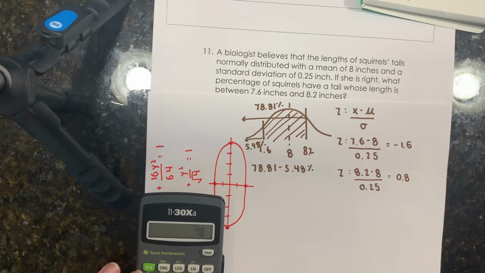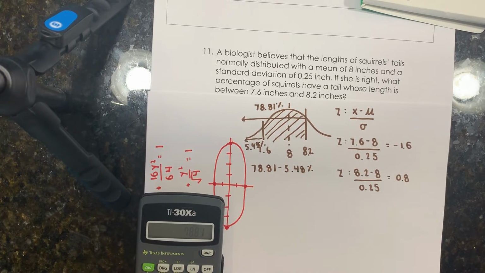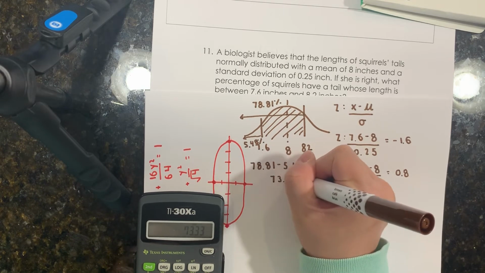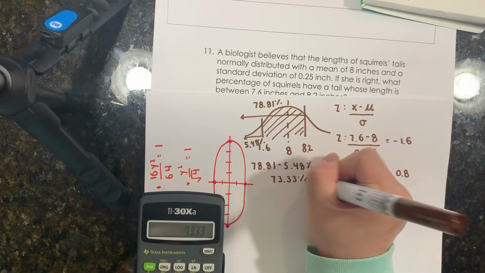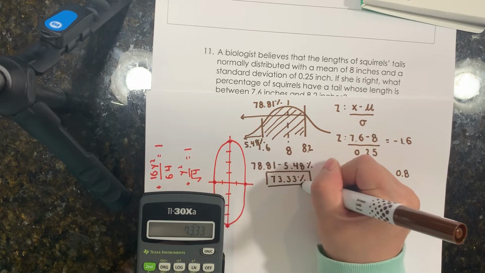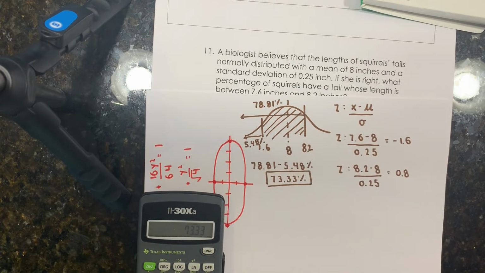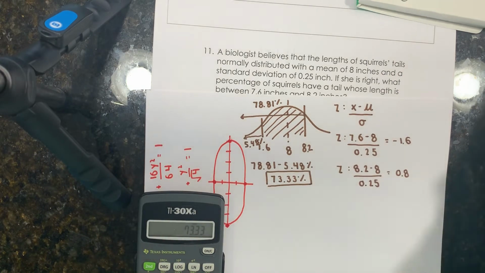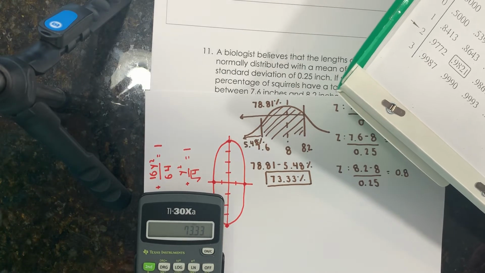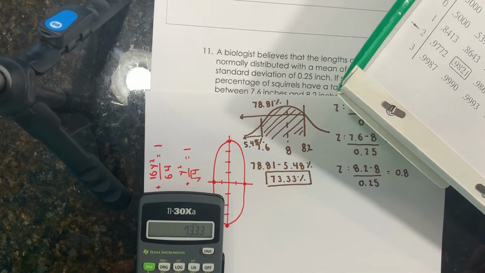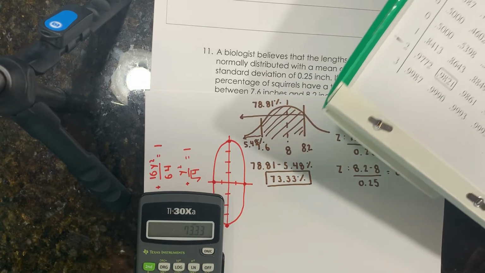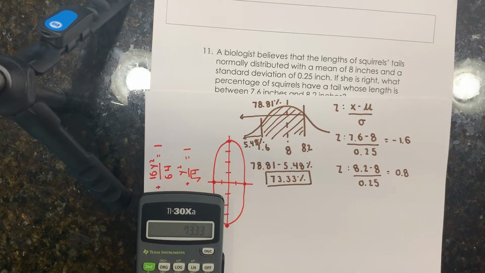So 78.81 minus 5.48 gives us a percentage of 73.33%. Okay, so we had to use our standard normal table on that one.